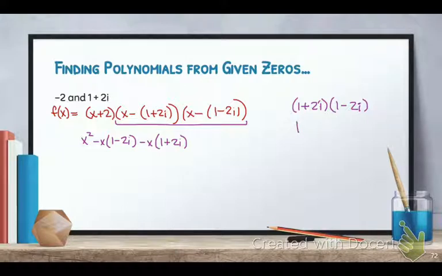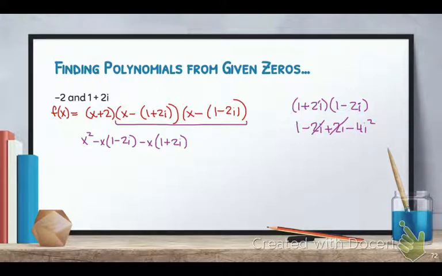So 1 times 1 gives 1. 1 times negative 2i gives negative 2i. 1 times positive 2i gives positive 2i. And 2i times negative 2i gives negative 4i squared. Right away I can see the negative 2i and positive 2i cancel each other out.